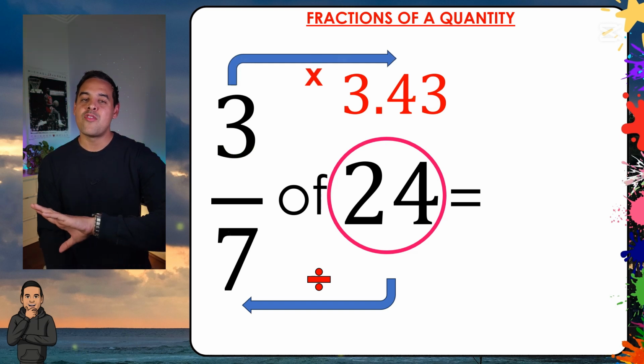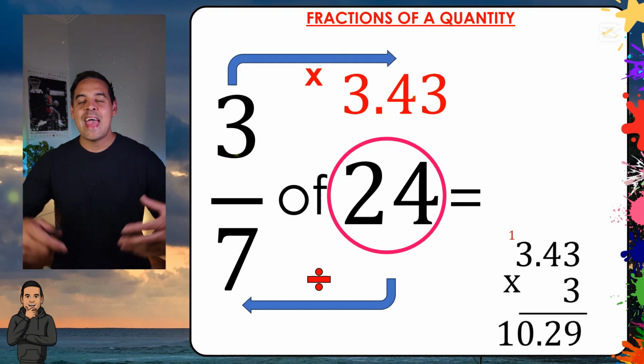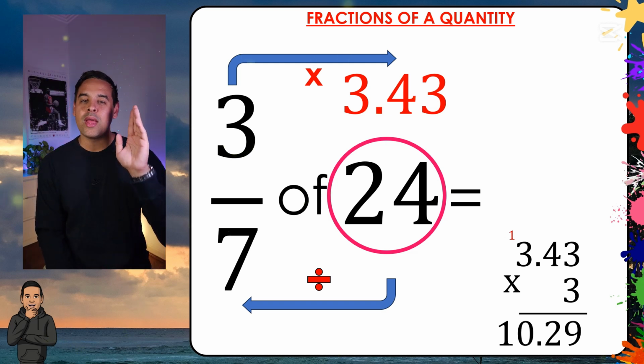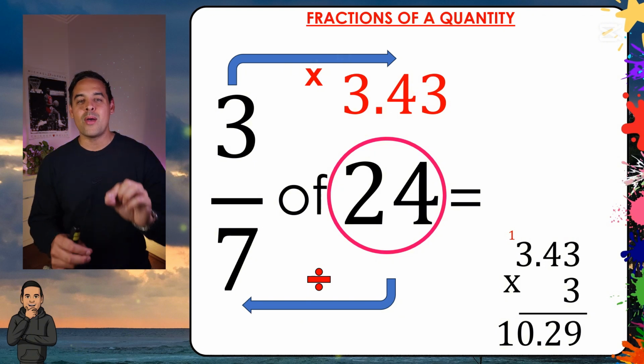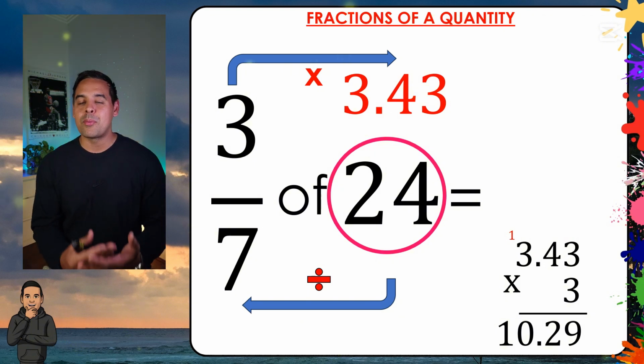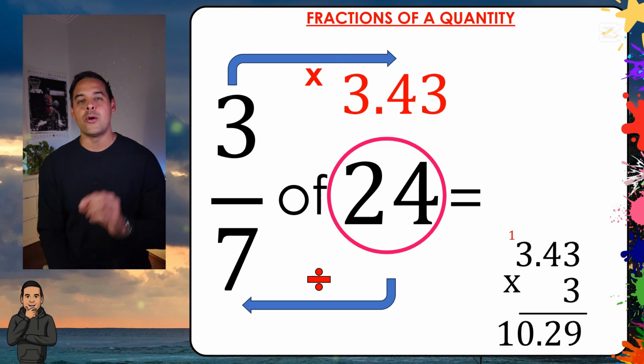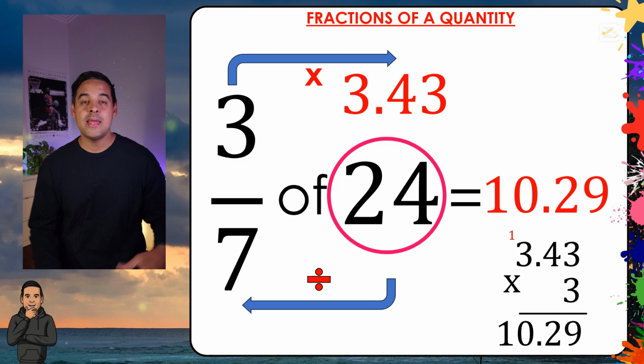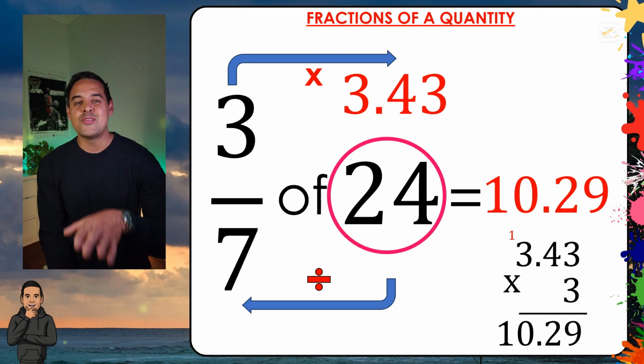And remember, find a different part on your worksheet to write the multiplication algorithm, because it will eliminate any simple errors that you may make in the process. So 3.43 times 3 is going to be 10.29, and 10.29 is going to be your answer.